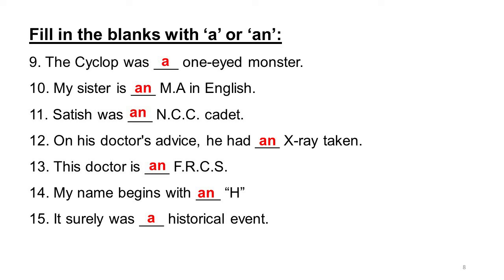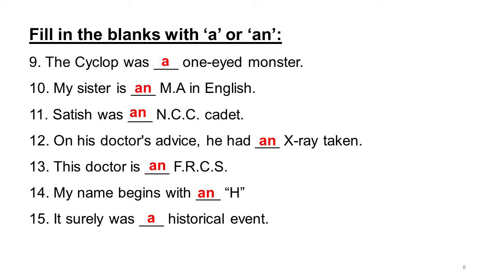Let's look at the next one. My sister is blank MA in English. So don't look at that letter M there, but see how you pronounce it when you say MA. The first sound you hear there is A, and A is a vowel sound. I'm talking about sound and not letter. And because of that, you will use article an, and you say an MA in English.